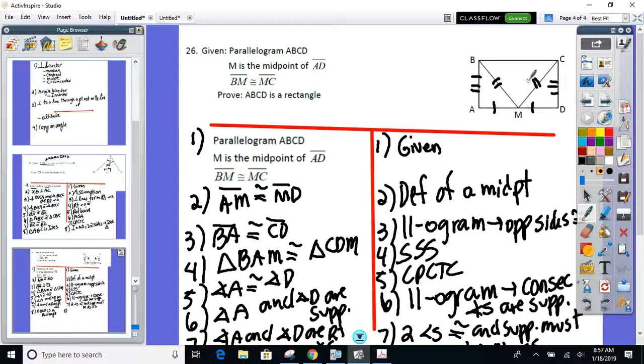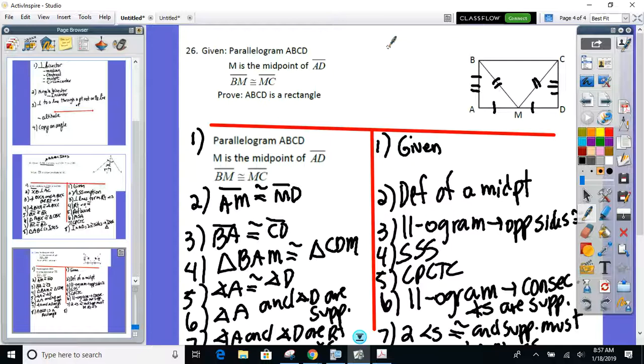Yes, Maggie. I proved angle A is equivalent to angle D, and then I went right to ABCD as a rectangle because two consecutive angles are congruent. I can't do that. That's not true, because I could show you a trapezoid with two consecutive angles congruent.